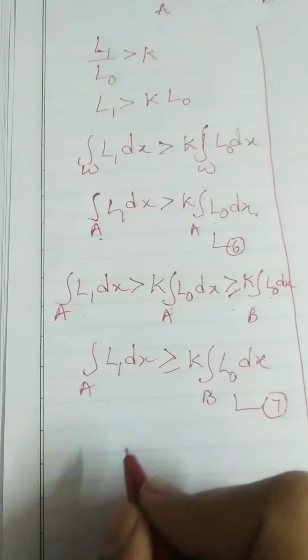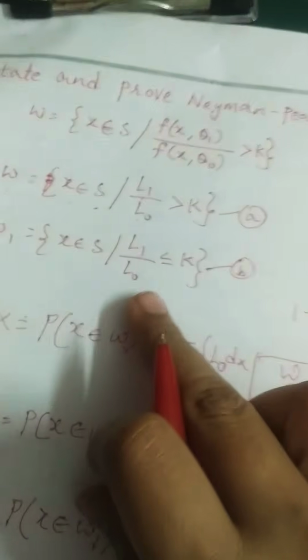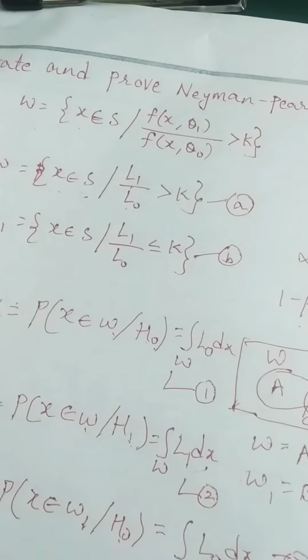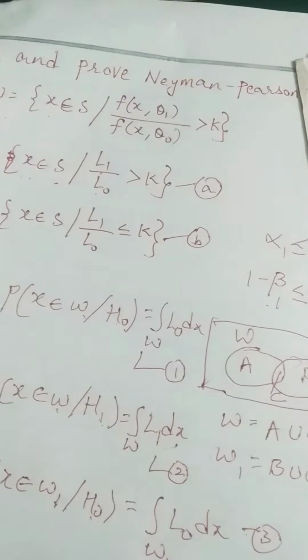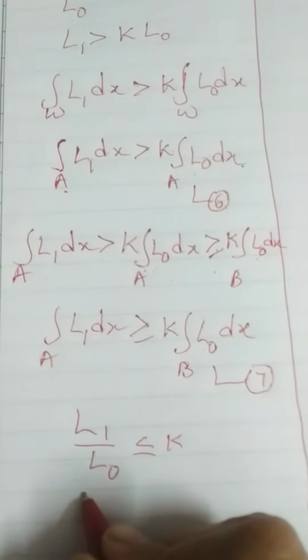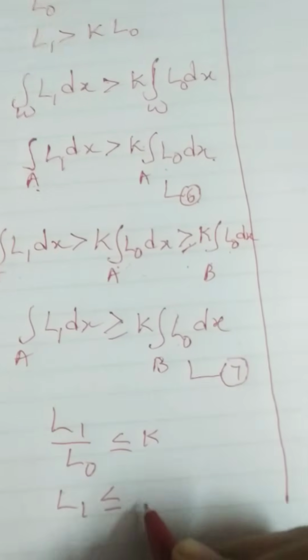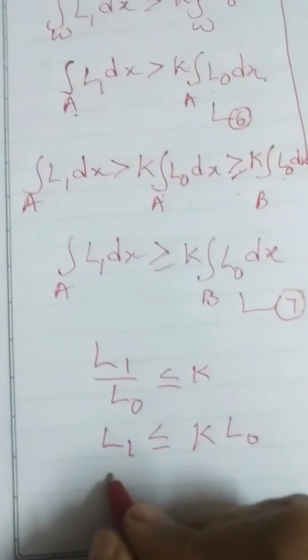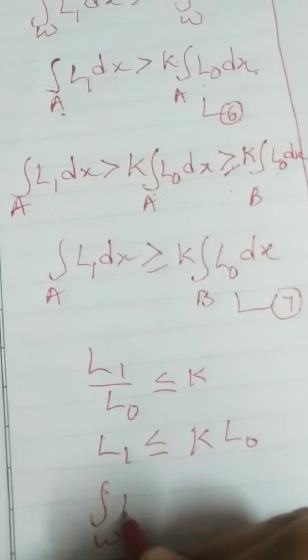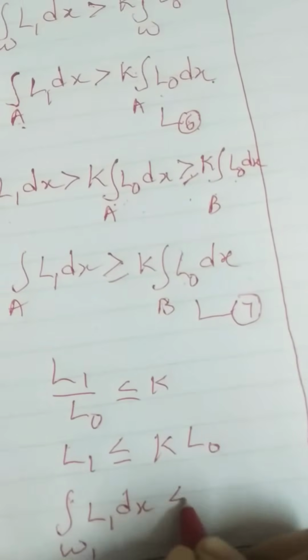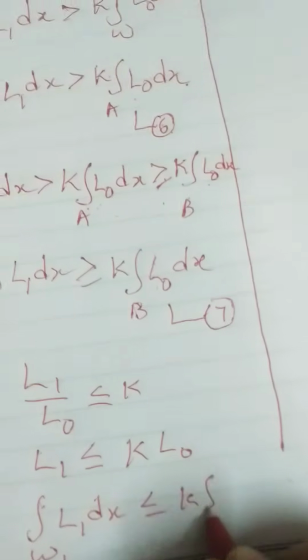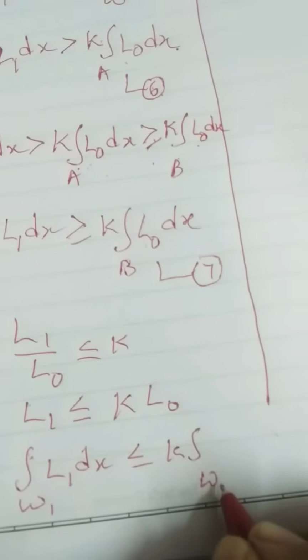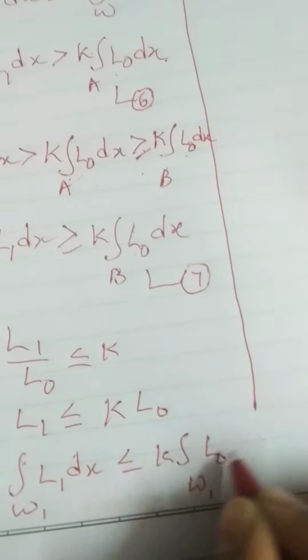So here students, I have got here. Again students, I have in this L1 by L0 less than or equal to k. Then L1 by L0 means if I cross multiply this, L1 less than or equal to k L0, it is by omega 1, right, this one. So I will write integral of omega 1 L1 dx less than or equal to k into integral omega 1 L0 dx.